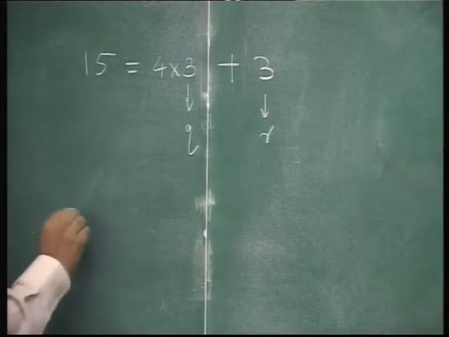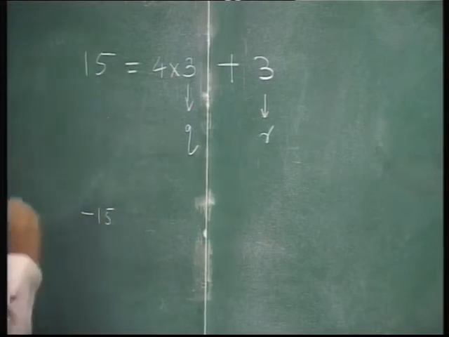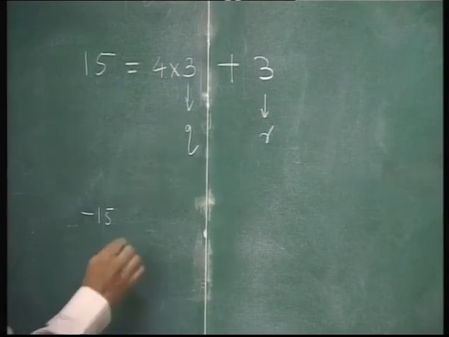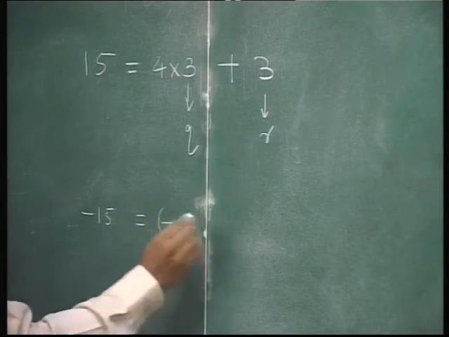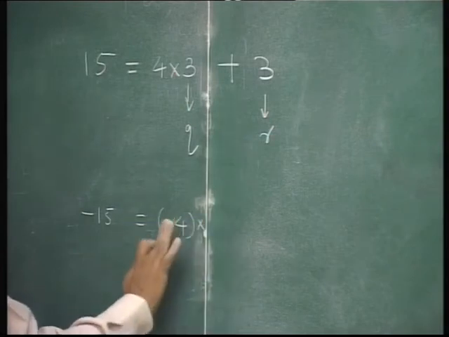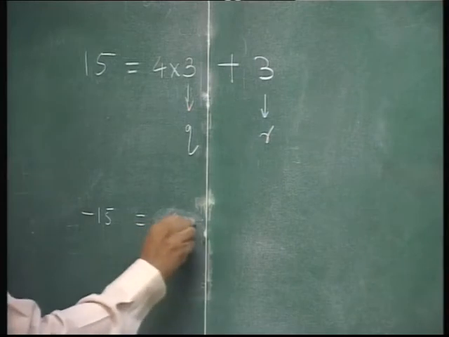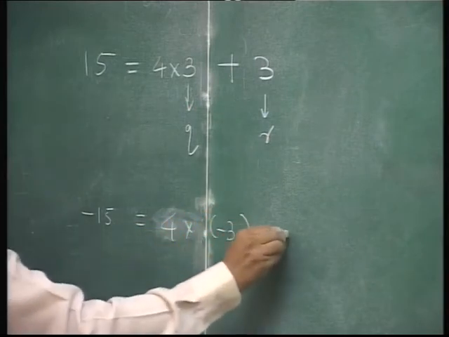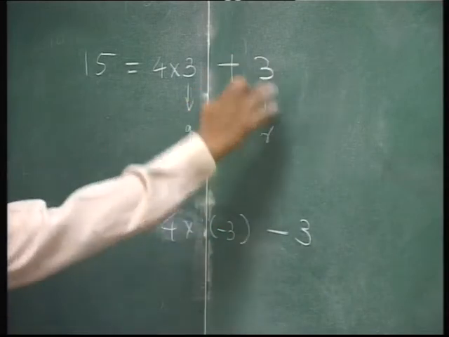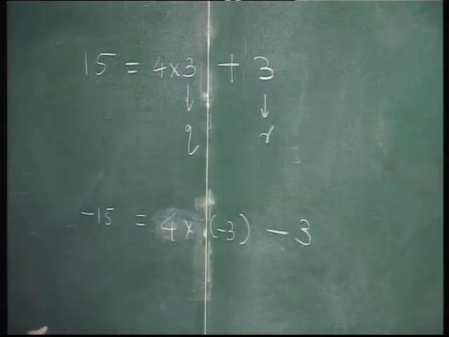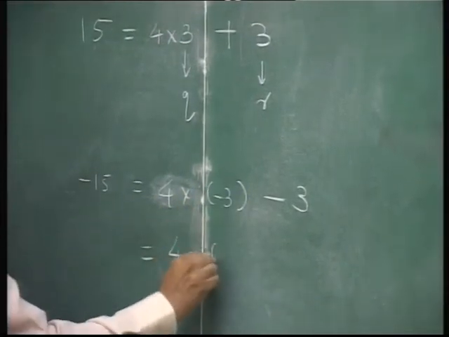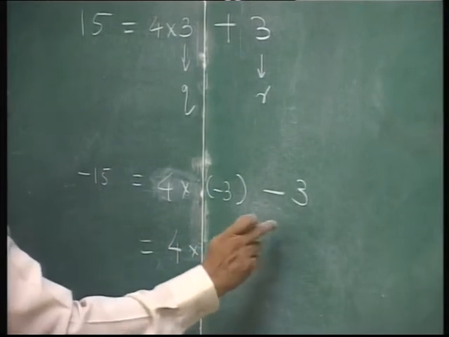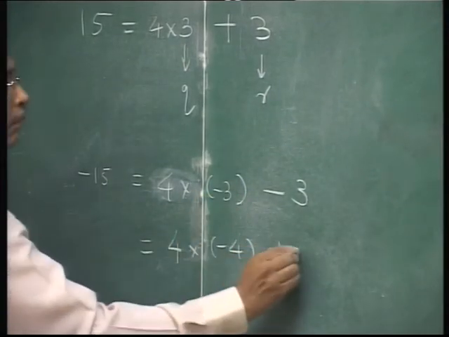If I take instead of 15, let us say minus 15, then I can still get similarly minus 4 into 3. So 4 is the number by which we are dividing. So 4 into minus 3. But then instead of 3 I am getting minus 3 here. So what I will do is I will write instead of minus 3, minus 4. And now this will become plus 1.